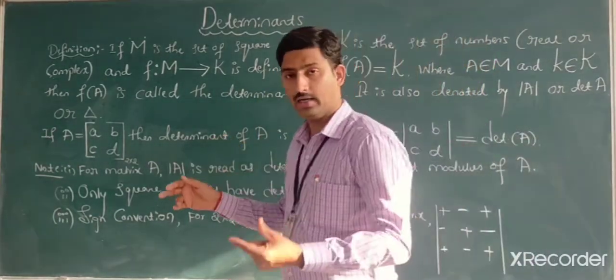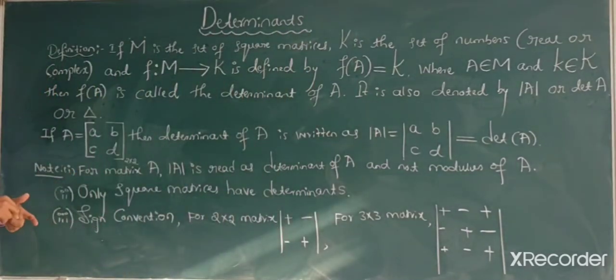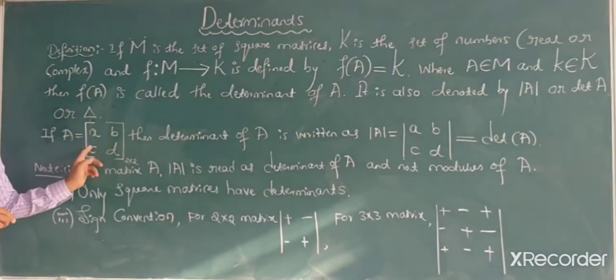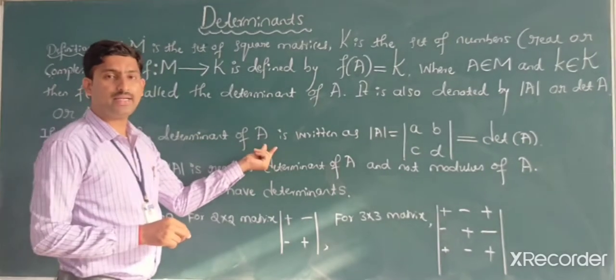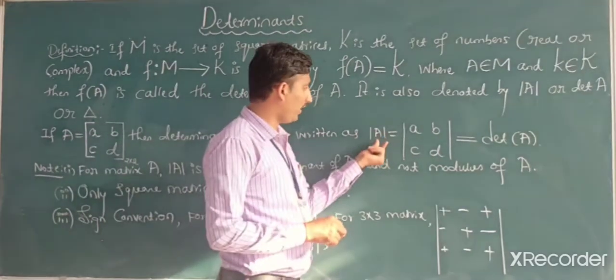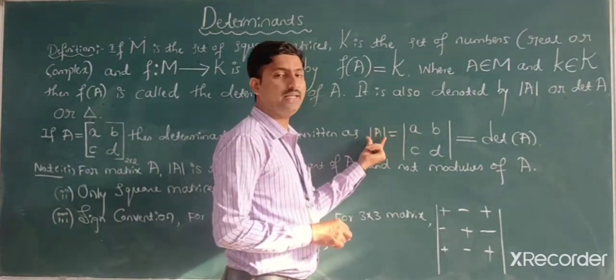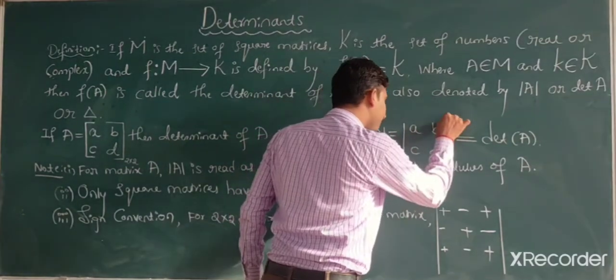In the determinant topic, if A is equal to the matrix with entries a, b, c, d, which is of order 2 cross 2, then the determinant of A is written as dt of A, or you write it with two lines around A.